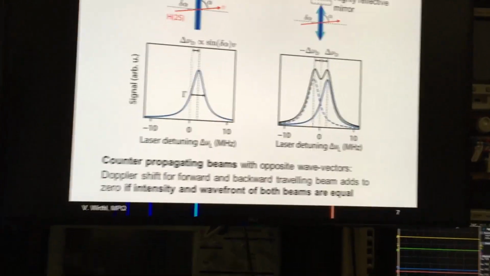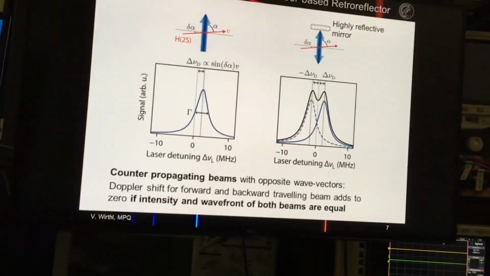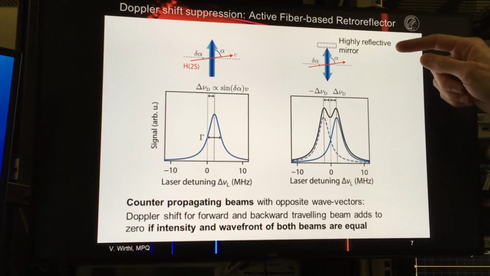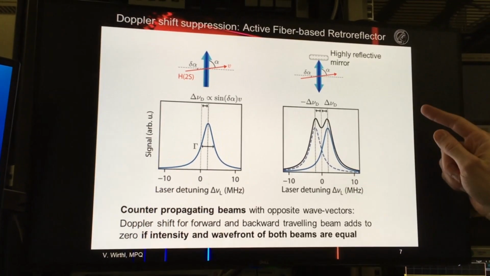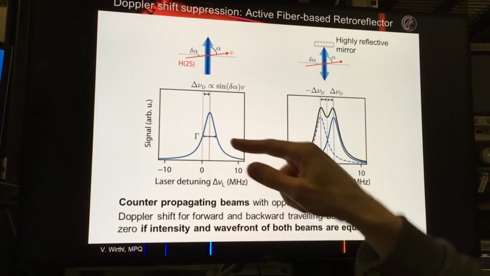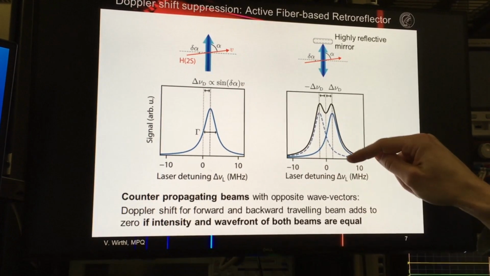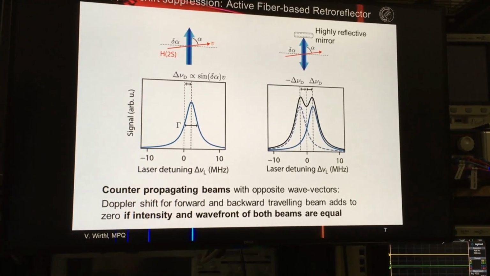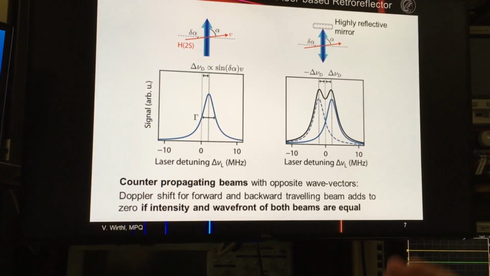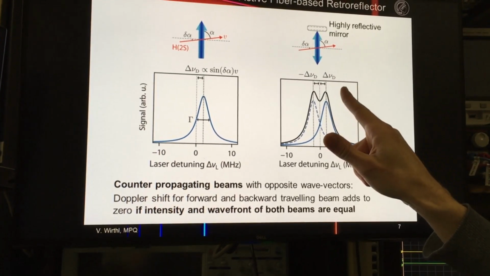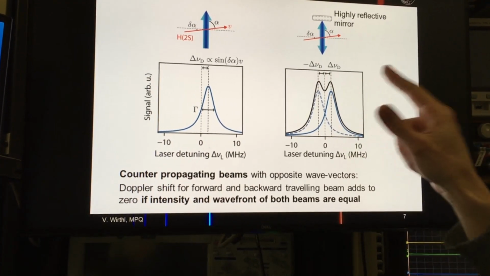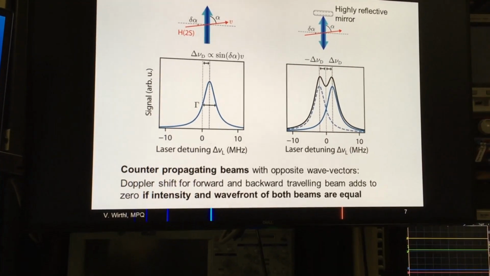And I won't go into many details here, but the basic idea is to retroreflect the same beam into itself by using this highly reflective mirror. And now, as opposed to the case where you have only one beam, if you have two counter-propagating beams, which have exactly the same intensity and wavefront everywhere, you will get a Doppler shift which is same in magnitude but opposite in sign for the forward and backward propagating beam.